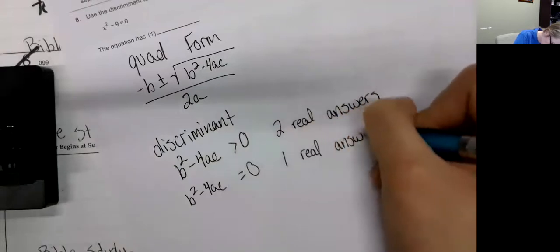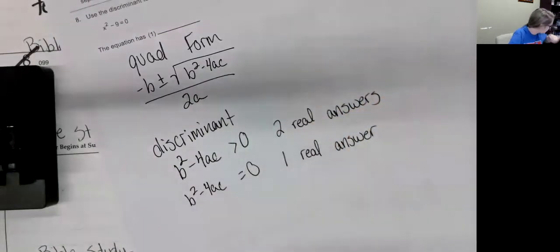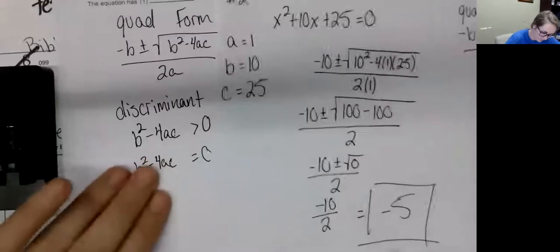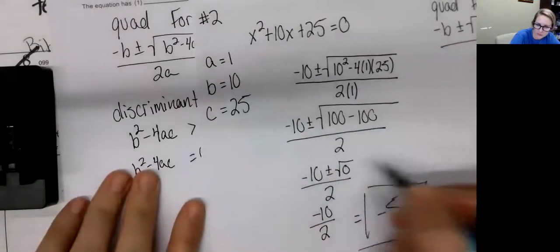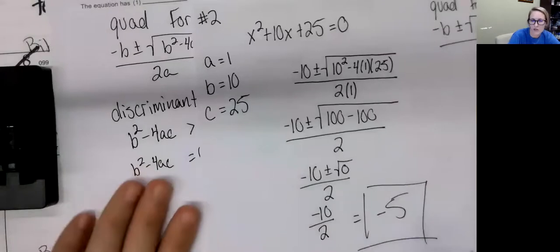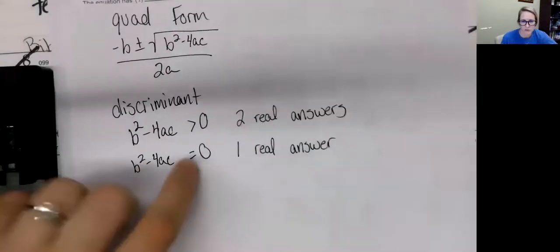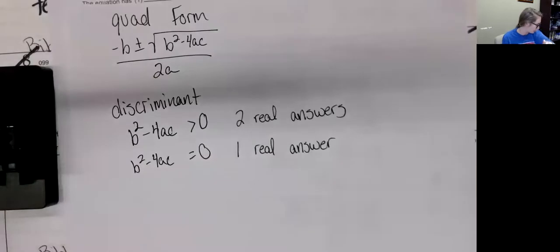And I can show you that one because it was this one. This 100 subtract 100 made it 0. The discriminant was 0, so there was 1 real answer. All the other ones we've done, though, were greater than 0, so we've had the 2 real answers.